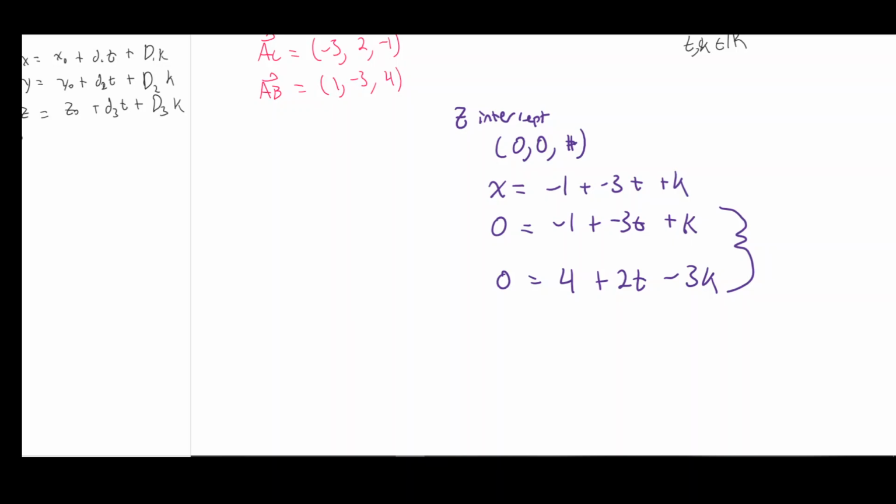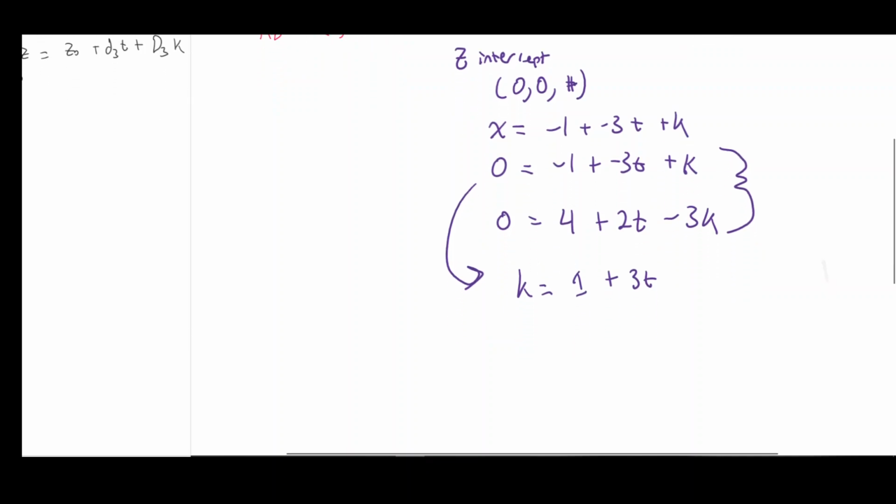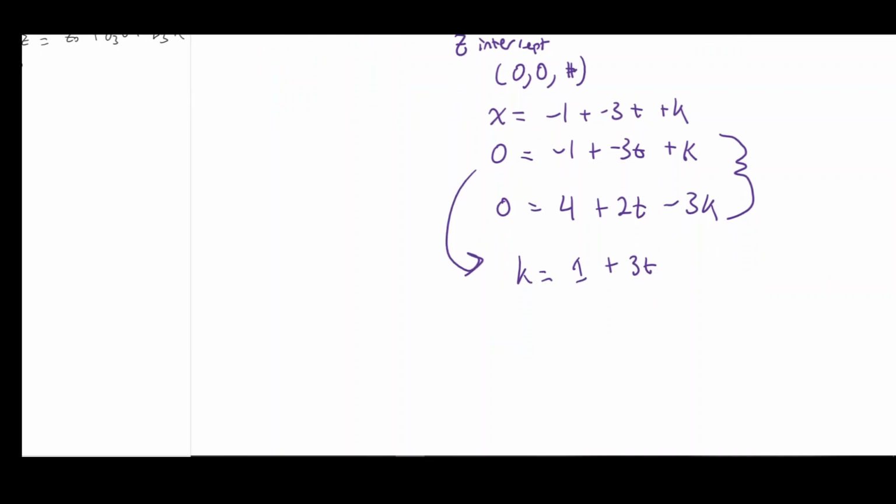So, again, two equations, two unknowns. This is just that linear combination question again. So what we're going to do is choose one of them to solve for a variable. I'm going to choose the first one and solve for k, because that looks pretty easy. So that first one tells me k is 1 plus 3t. And I'm going to plop that into the second one.